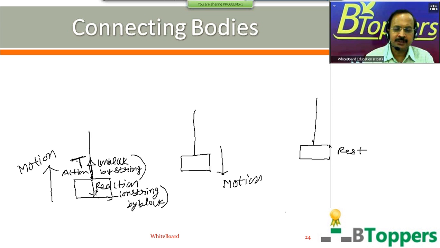The magnitude of the force exerted on the string by the block will be the same as the magnitude of the force on the block by the string, because action and reaction forces are always the same in magnitude. This is T, and this is also equal to T in magnitude. But in the free body diagram for the block, we must show only the forces which act on the block.